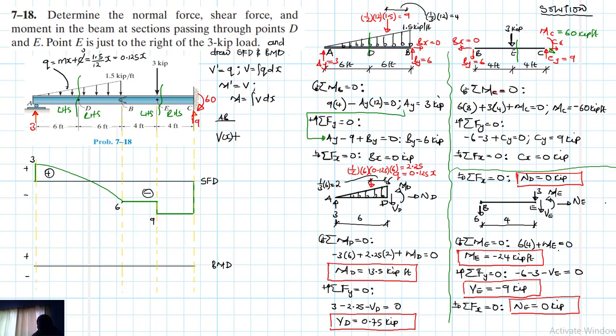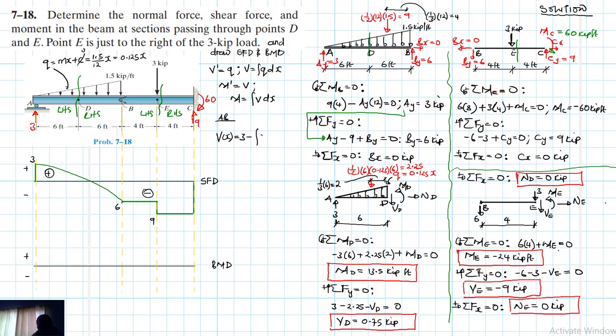So this is going to be equal to the initial value of our shear diagram, which is 3. Then we need to subtract the area under the loading diagram, to come up with this quadratic shape of our shear.